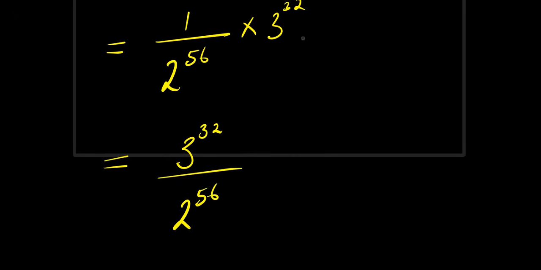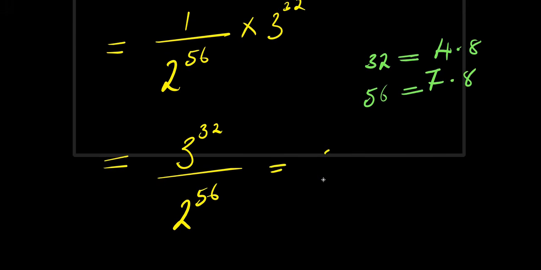I can express 32 as 4 times 8, and 56 as 7 times 8. Let's substitute them here: 3 power 4 times 8, divided by 2 power 7 times 8.